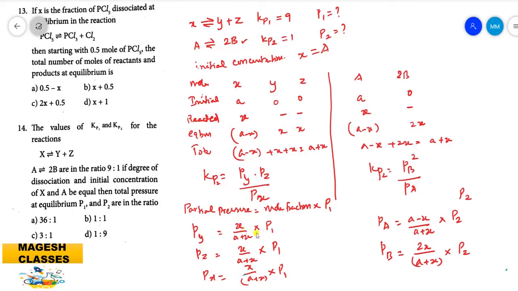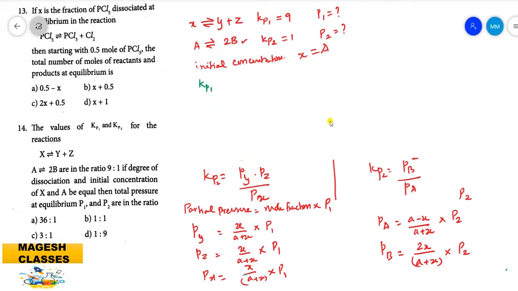By substituting these partial pressures in the equilibrium constant expression, what do we get? Kp1 is x divided by A plus x into P1, into x divided by A plus x into P1, divided by A minus x divided by A plus x into P1.